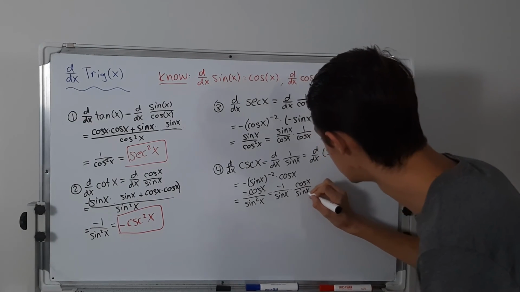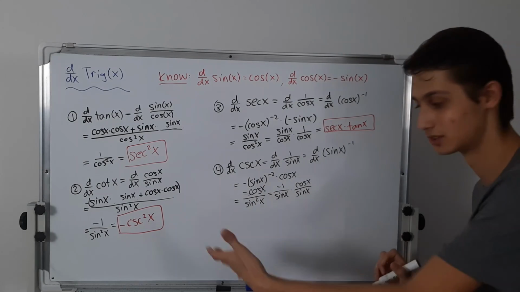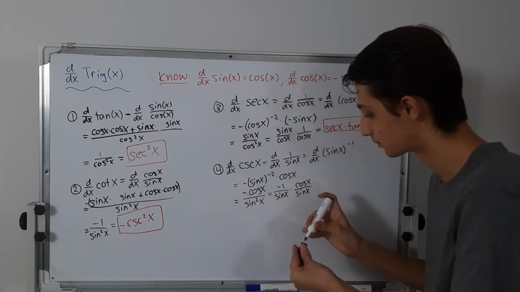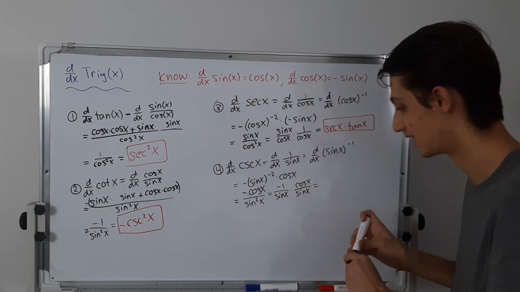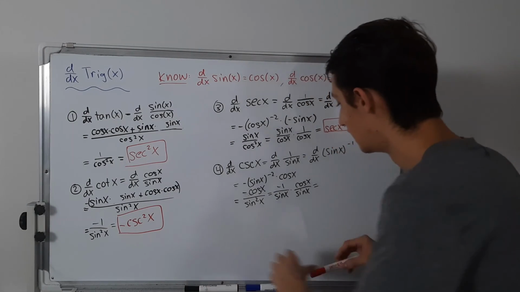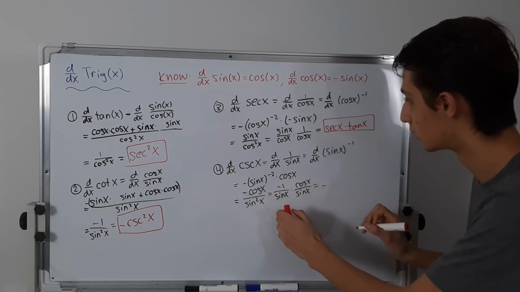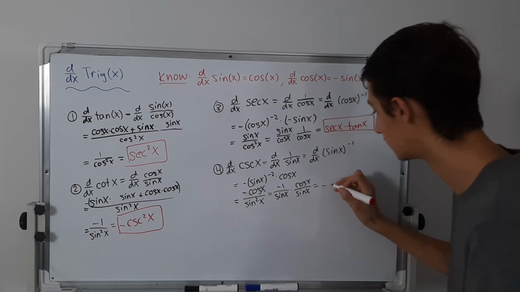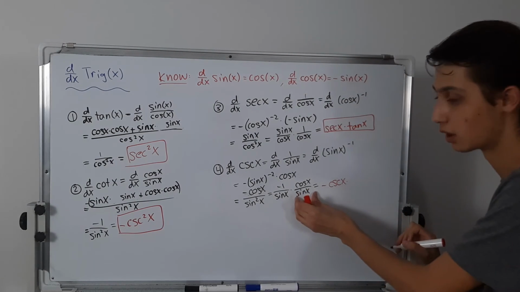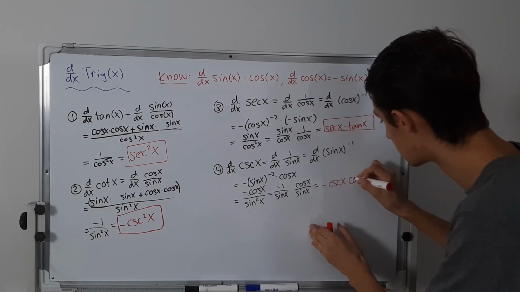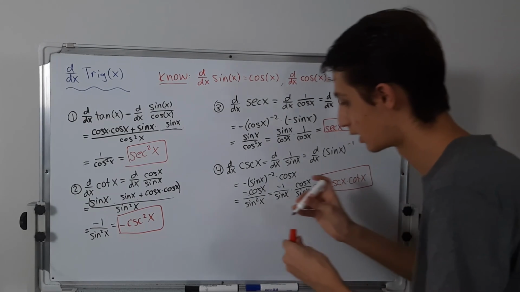We're basically splitting up this fraction, multiplying these two together. These two are equivalent. I'm sure you can see that. Let me put that equal sign there. Basically, we have the negative 1 over sine, which is cosecant, right? So cosecant times cos over sine is cotangent. And this is our final answer.